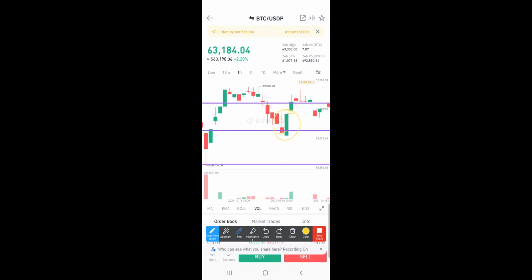And if you look at the volume Binance provided here, the volume is thick, which shows you that after this, the next thing is that this market will blow.